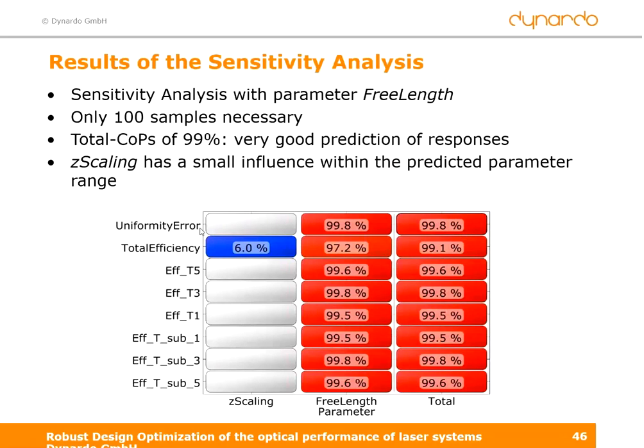This matrix shows you this coefficient of prognosis I mentioned before. For each line we have one response, and the most interesting part is the total coefficient of prognosis, which is always nearly 100%, which indicates that our models are really good. So it was obviously okay to introduce this free length parameter.